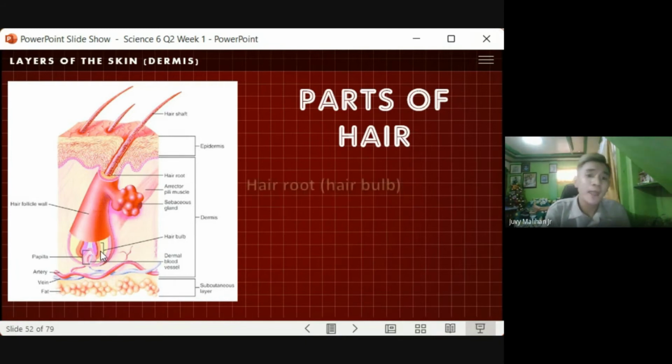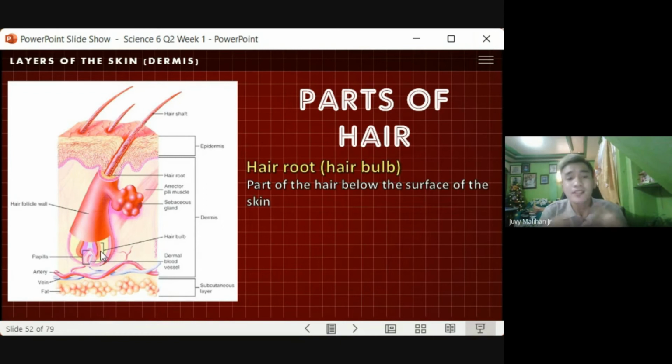When we say hair root or hair bulb, it is the part of hair below the surface of the skin. In other words, class, the hair root, or hair bulb, is the base of the hair follicle. So dito nag-i-start na mag-grow ang ating hair follicle, class. And ito yung hair follicle natin.